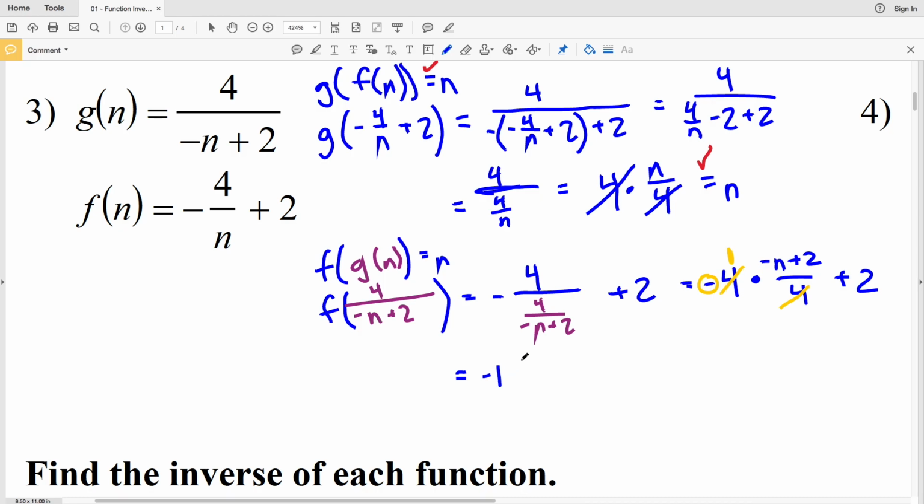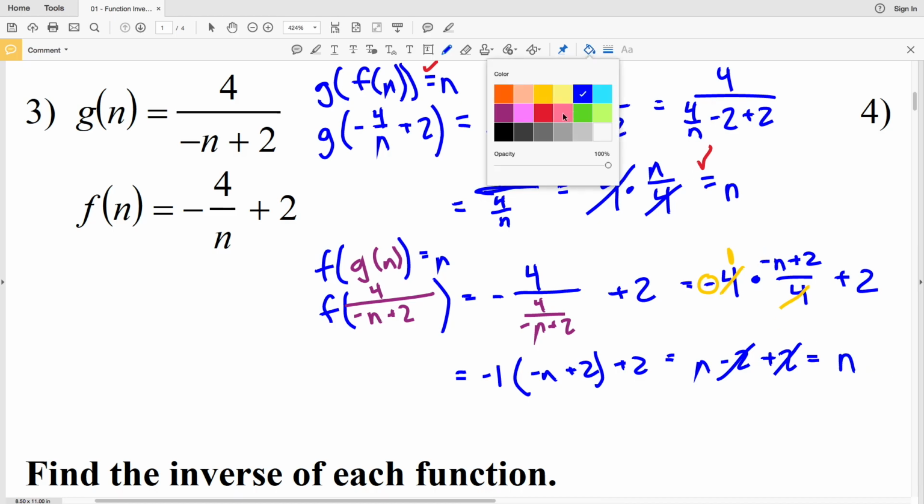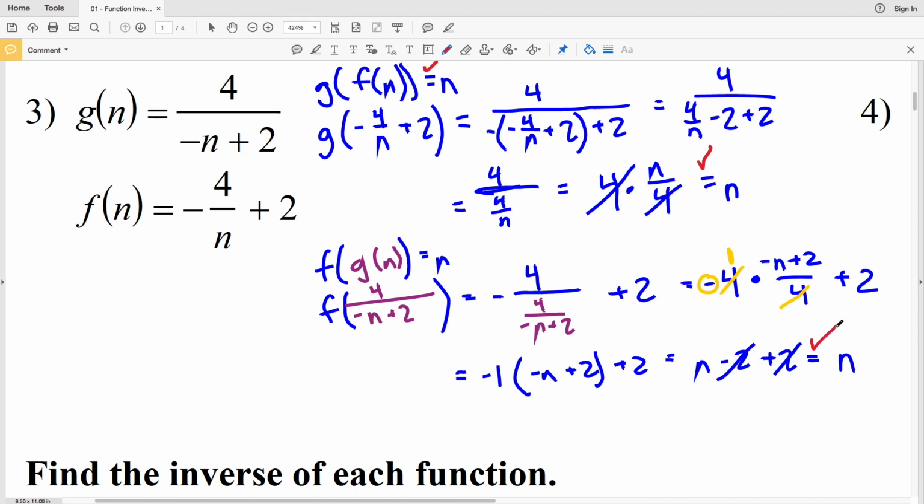So we'll have negative 1 times negative n plus 2, and when I distribute that negative, I'll get positive n minus 2 plus 2, which, if I'm subtracting 2 and then adding 2, those will equal 0, and 0 plus n is equal to n. So again, I've shown that plugging one function into the other gives me the variable n. And because both are true, then these are indeed inverses.